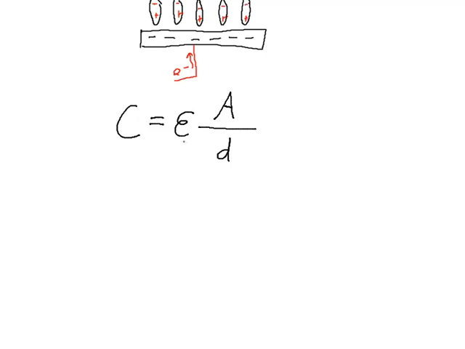Just to give you an idea of this epsilon number, this permittivity number, I'll give you a few examples: vacuum and air, and something called FR4, which is a common dielectric used in printed circuit boards.